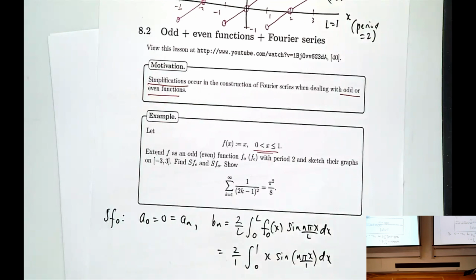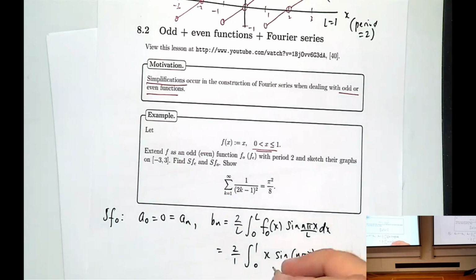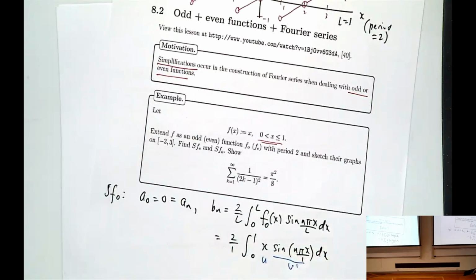And so we're integrating this. Can anyone suggest a strategy to integrate? By parts. It's a product, we can try it by parts, right? So if I was doing this by parts, I'll let this be u, this be v dash.